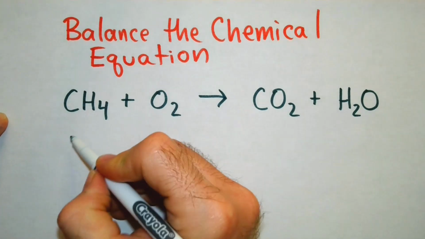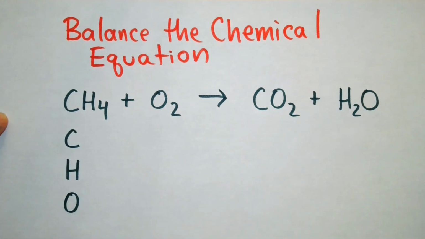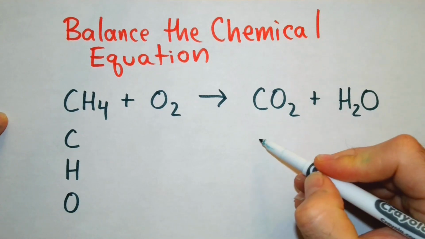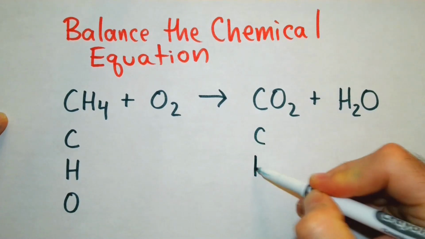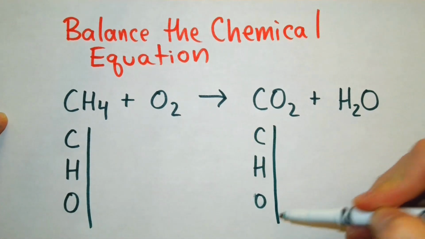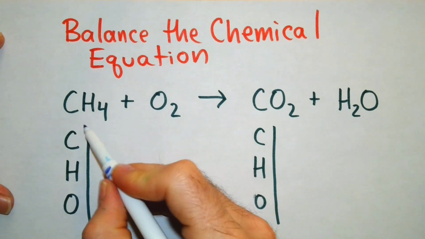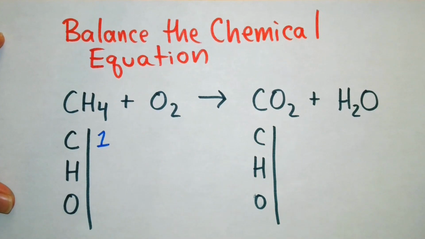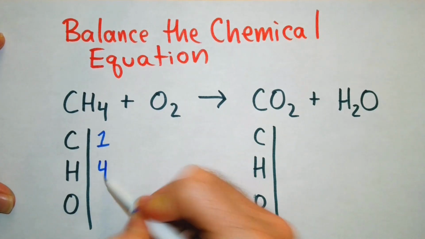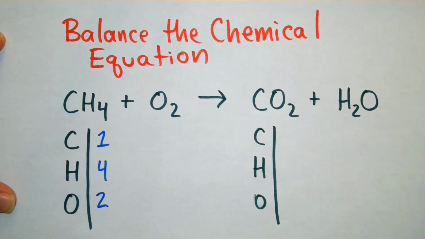So what I like to do is list each type of atom, carbon, hydrogen, oxygen, on both sides of the arrow. And then I draw a line and start counting them, okay? On the reactant side, we have 1 carbon, 4 hydrogens, and 2 oxygens.